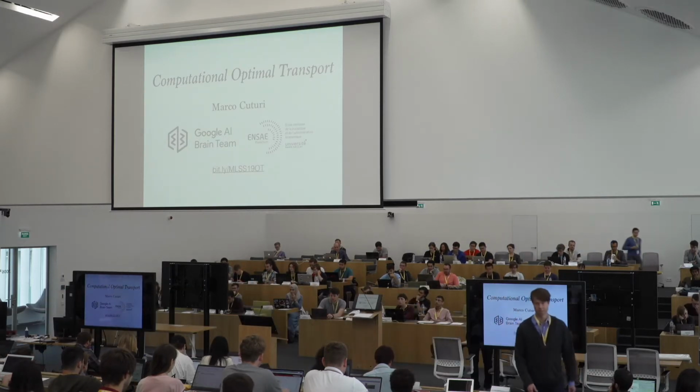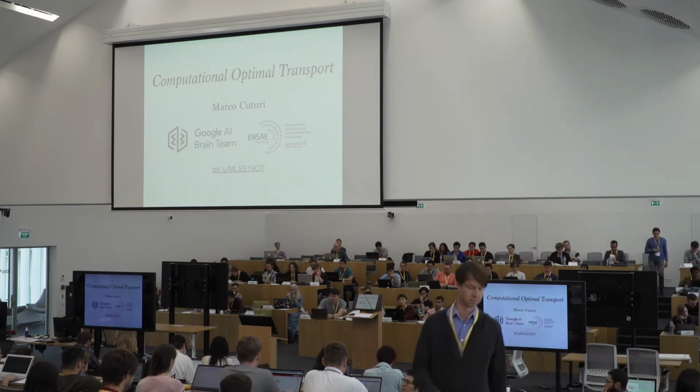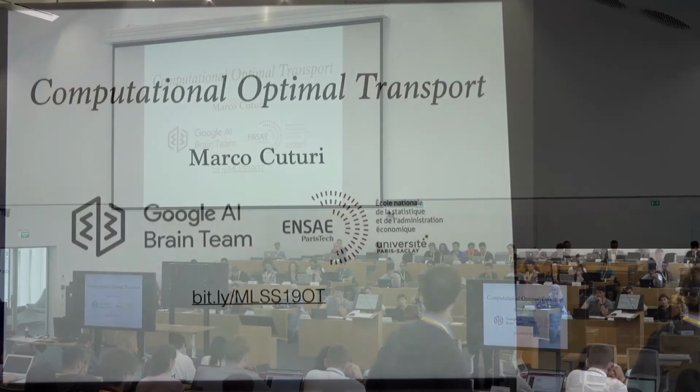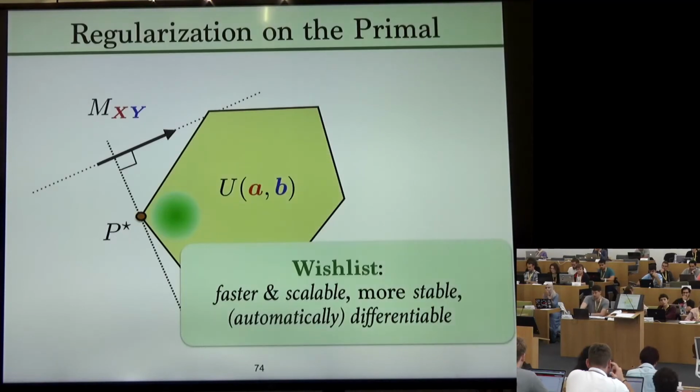So what I will just go back to today is, yesterday we had the tutorial, so you had a bit of a feel of what it means to solve optimal transport using a standard solver, and then what it feels like doing it with the Sinkhorn algorithm, which you can implement in a few lines.